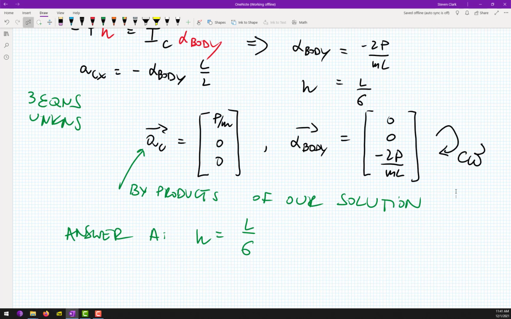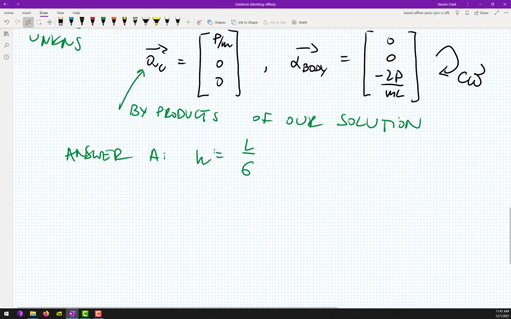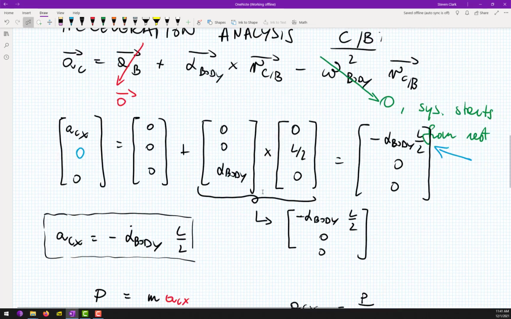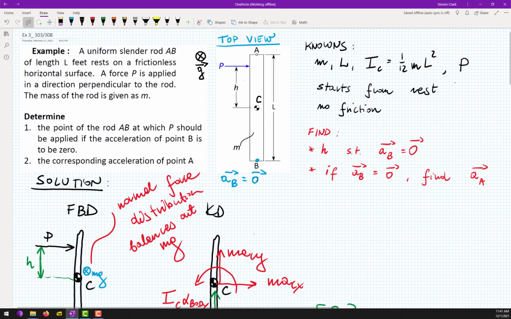So let's do very quickly part number B. Okay. So part B. Let me scroll up the board just to see what they ask us for. Aha, they ask us to find the acceleration of this point A, once we solve part A. Yeah, so how to find that acceleration?